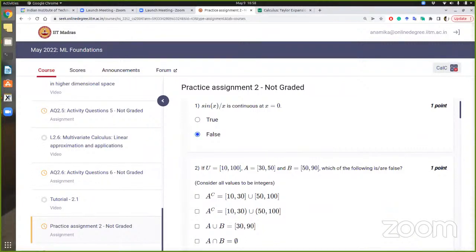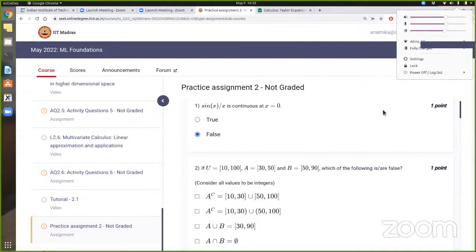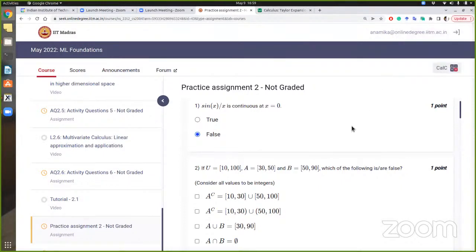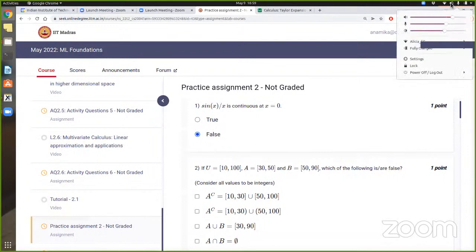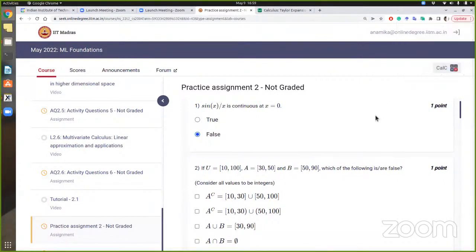I can't hear you properly. Can you speak a bit louder? If we draw the graph of sin x by x, it looks like a continuous function. He's saying from the graph of the function, it is continuous. Where did you see the graph?